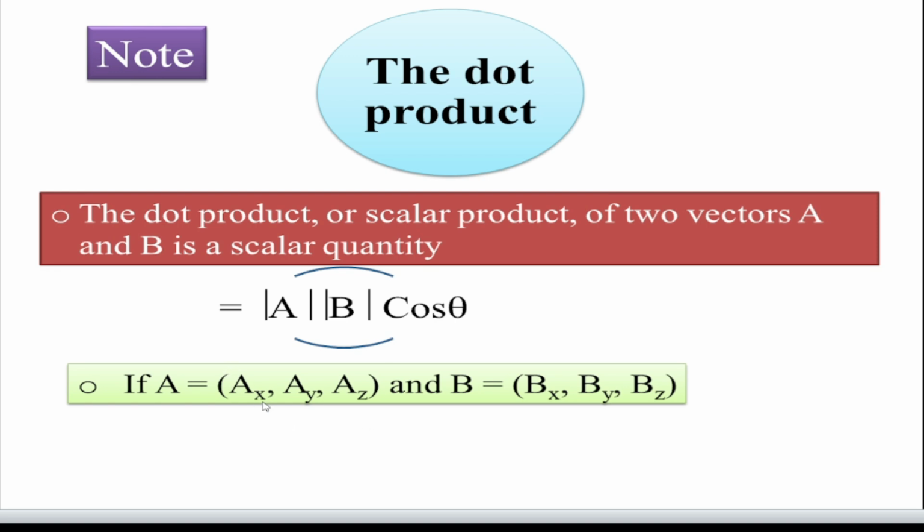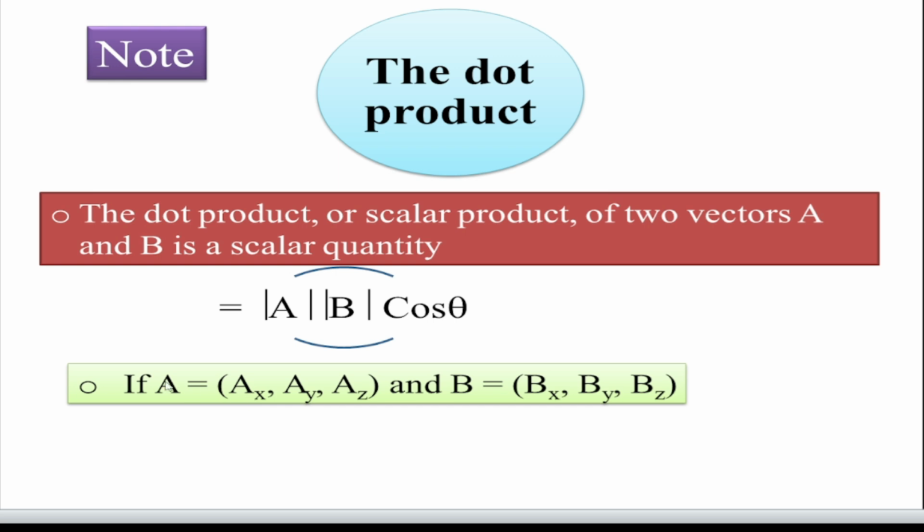Look, this is the x component of vector A, this is the y component of vector A, and this is the z component of vector A. Look, my dears, this is the x component of vector B, this is the y component of vector B, and this is the z component of vector B. Correct. Our aim is to find the dot product of vector A and vector B.